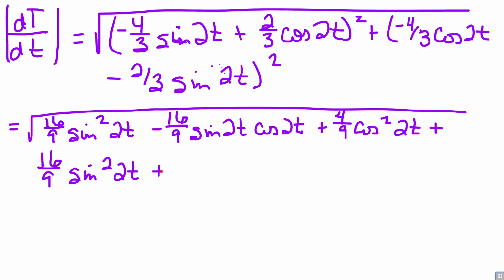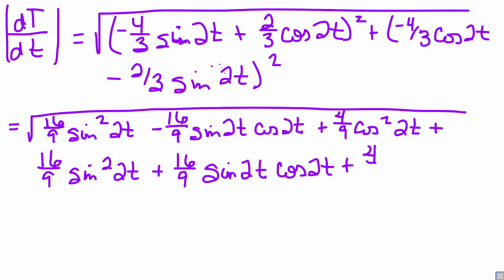We're going to end up with plus 16/9 sine 2t cosine 2t plus 4/9 sine squared 2t. Now, once we get here, we realize that it does simplify nicely. I'm sorry, I think it is cosine squared 2t in the 16/9, the fourth one. Oh, I put sine, sorry.